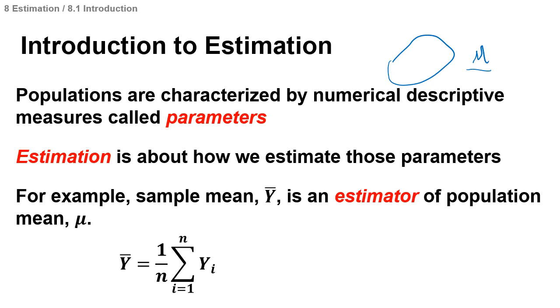We can define our estimator y bar as this, to estimate the population mean mu. In this case, it's actually an unbiased estimator, and we will learn it later, because the expected value of y bar is equal to mu.